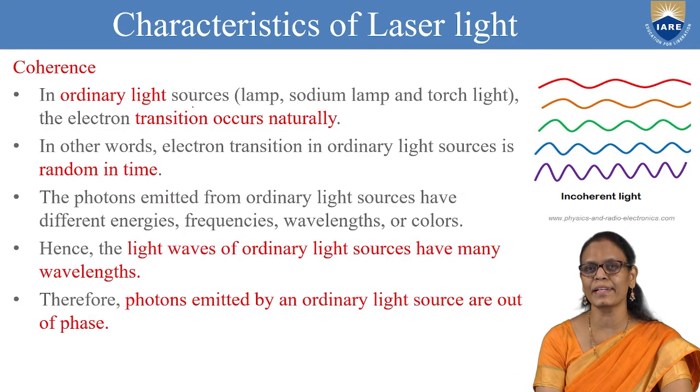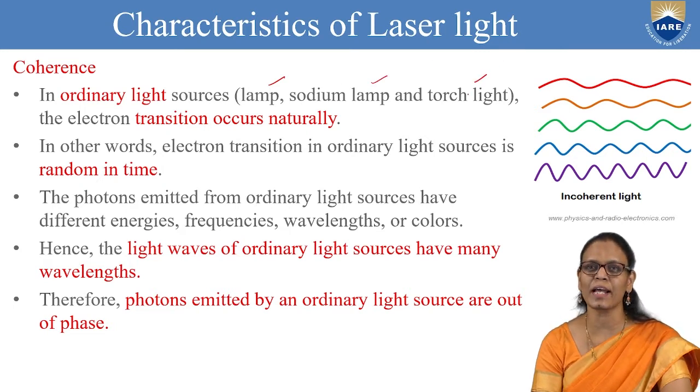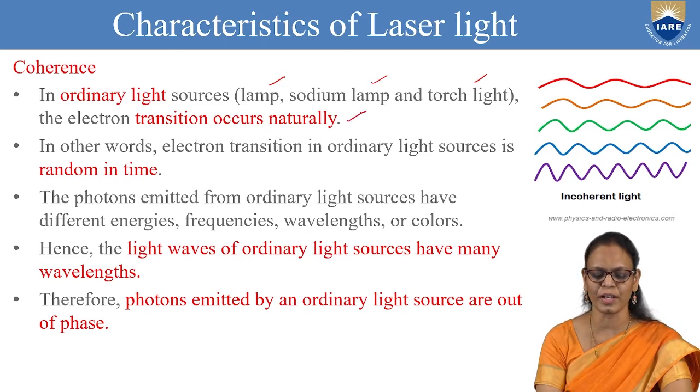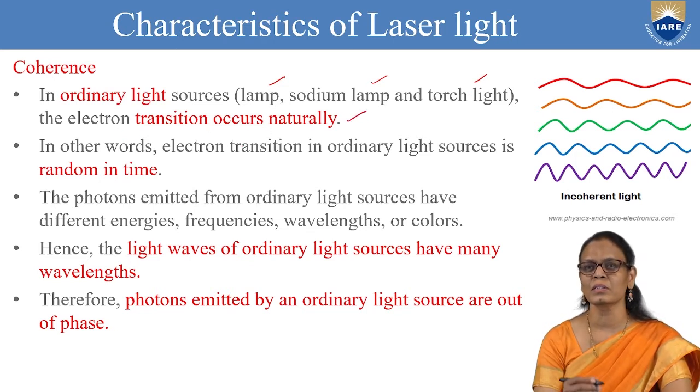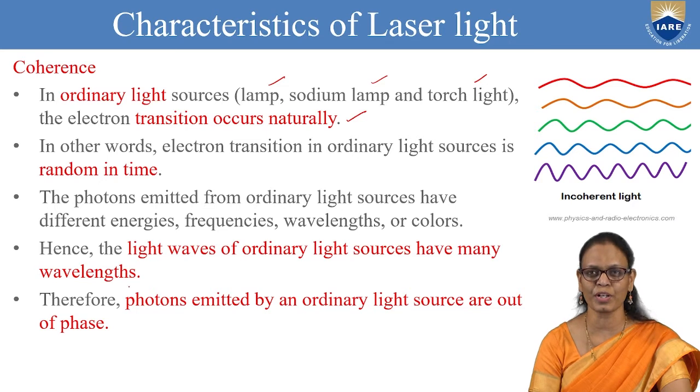Now in ordinary light, here we take maybe an ordinary lamp or a sodium lamp or torchlight. If you take these ordinary light sources, the electron transition occurs naturally. Electron transition, I told you, is the movement of electrons from one energy level to another, and that happens naturally.